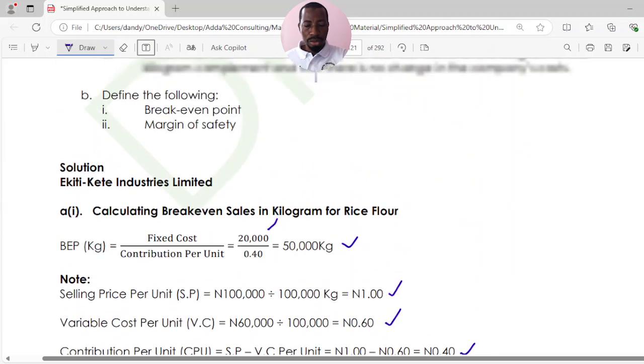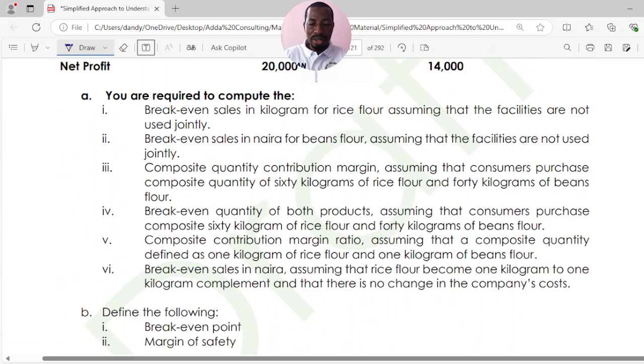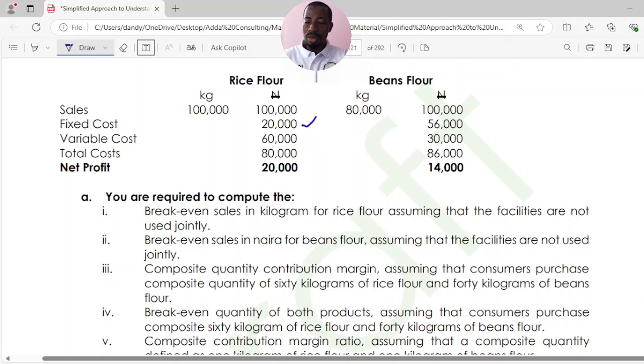Then A2. In the A2 requirement, you have to calculate break-even sales in naira for beans flour, assuming that the facilities are not used jointly. So I want to calculate break-even sales in naira for beans flour. Remember, again, I need to work out the variable cost and the contribution per unit of beans flour. That will be 100,000 minus variable cost of 30,000. That's what produces 70,000.